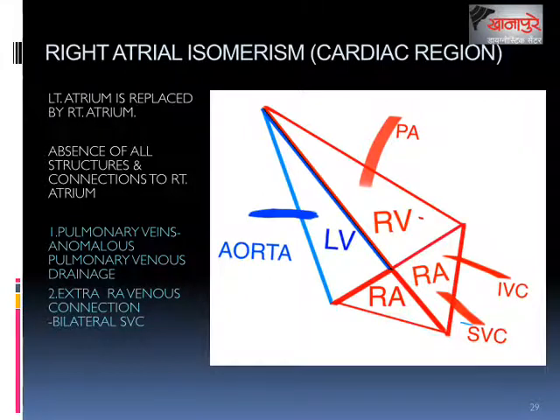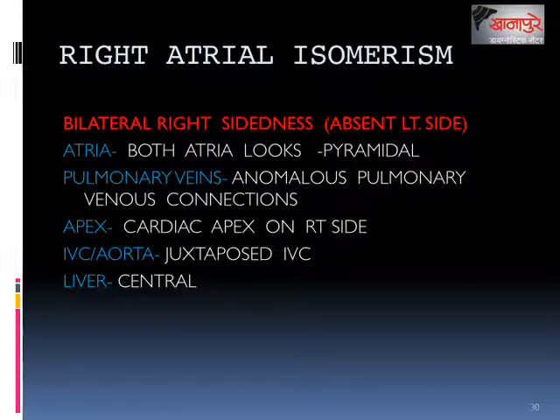As pulmonary veins are not draining into the left atrium but draining into an anomalous region, it is called anomalous pulmonary venous drainage. Juxtaposed inferior vena cava. IVC and aorta on the same side of midline.